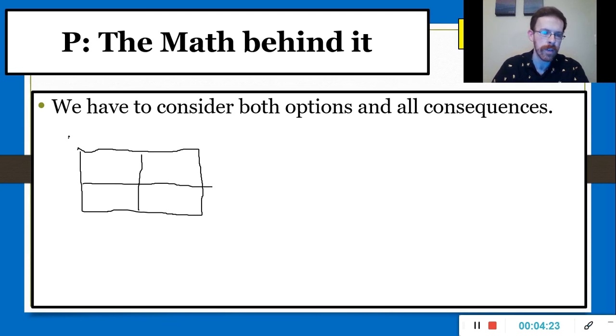This is going to be for your friend, and this is going to be for you. You can either stay quiet, or you can confess. Your friend gets the same option. They can either stay quiet, or confess. And I'm going to put the total there.